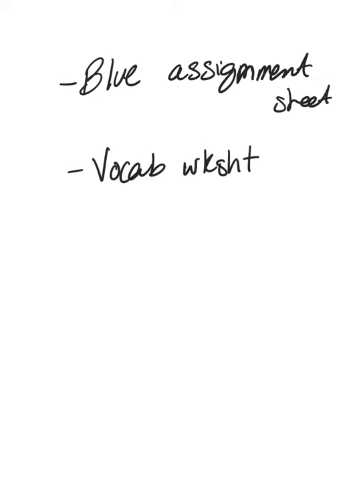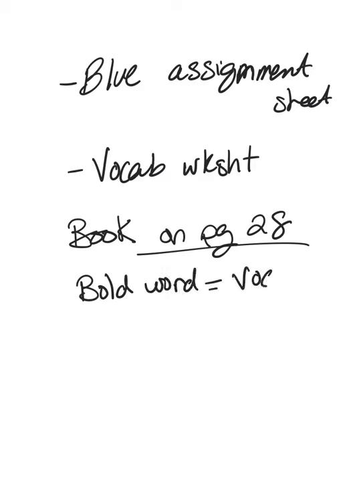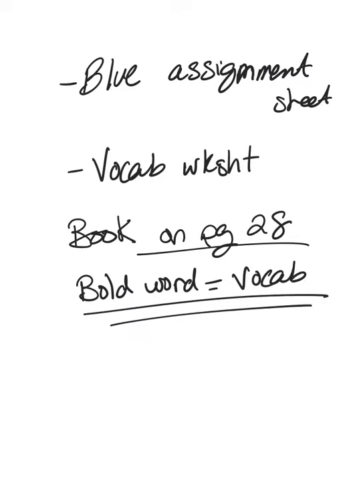So in your book, on page 28, starts the building blocks of geometry. Every bold letter you see, bold word, is a vocab word. And you need to write the definition on your vocab sheet.